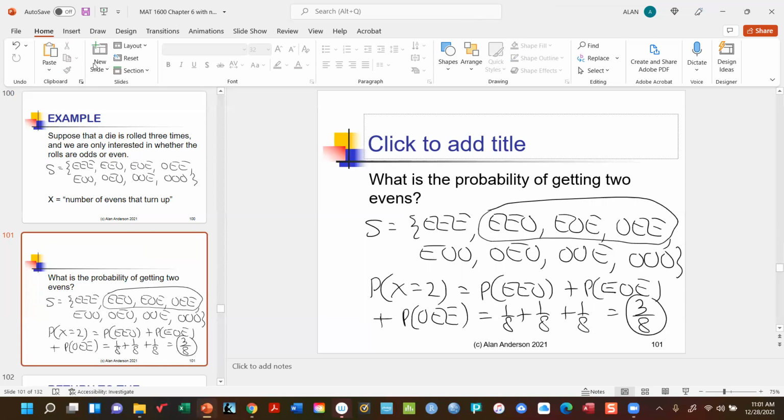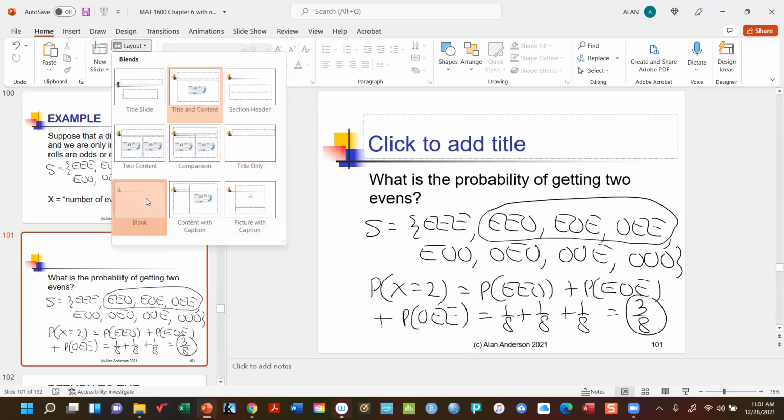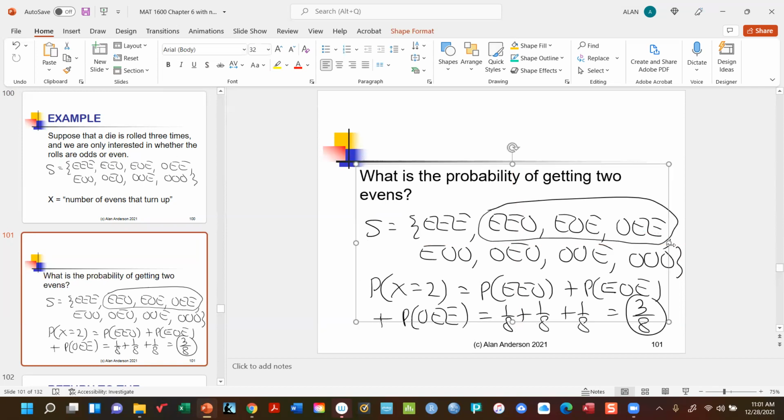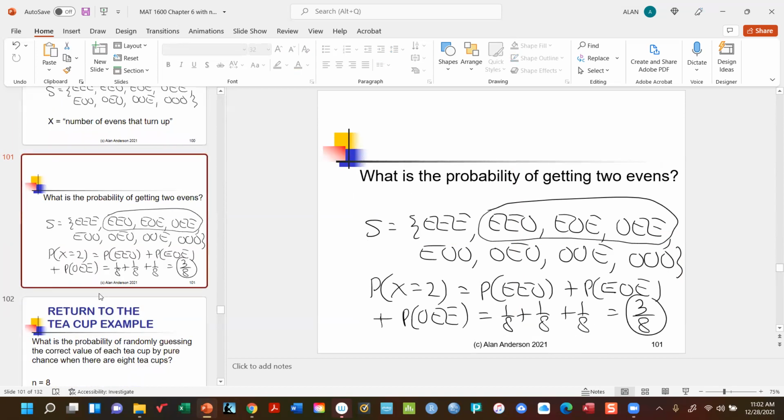But what I'd like to do now is prove this with the binomial distribution. So if that's the case, then what do we need to know?